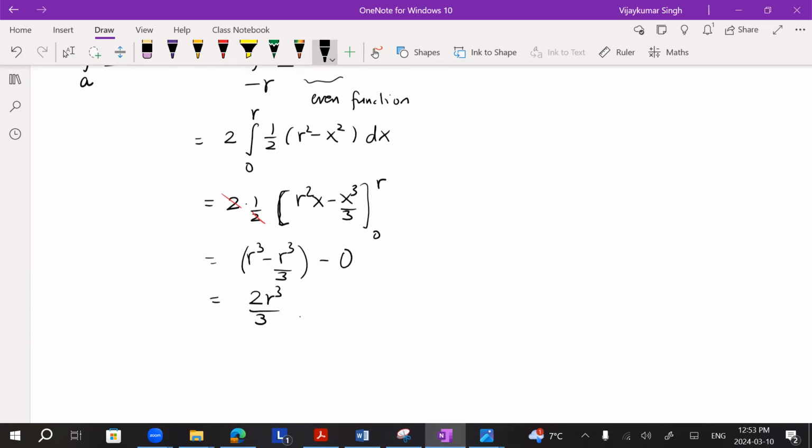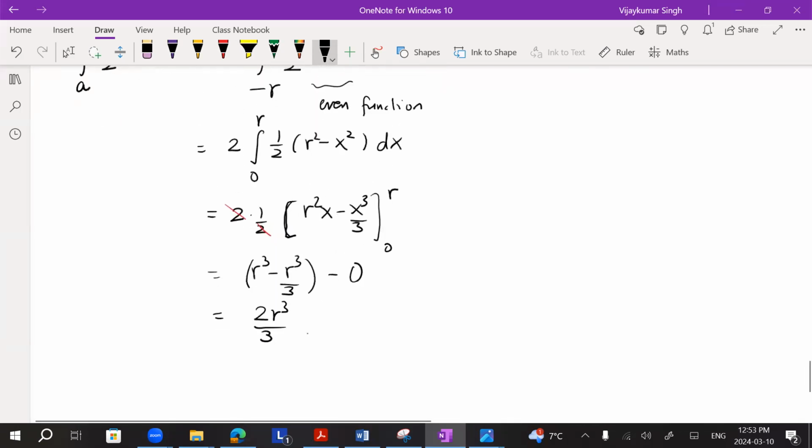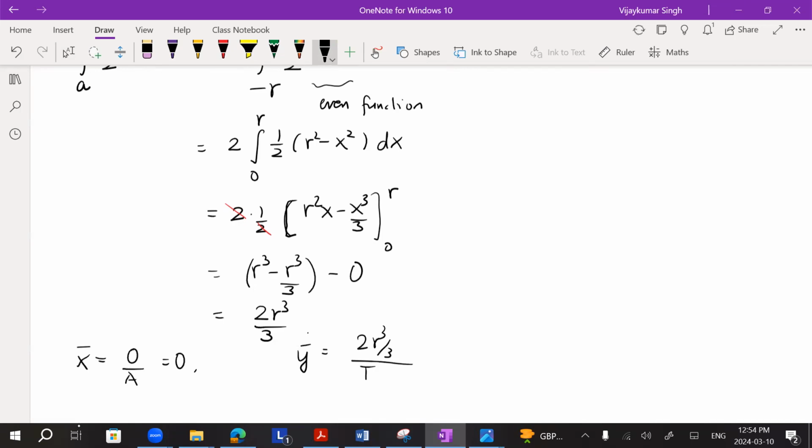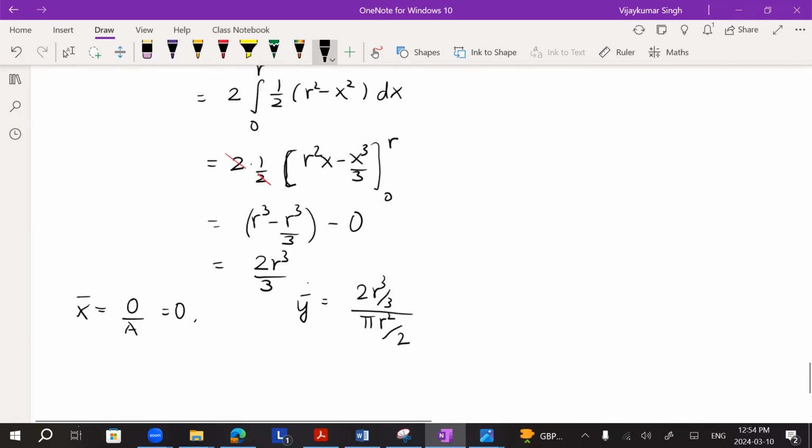Okay. So therefore, let's see what our x bar and y bar are. So x bar is whatever integral we computed divided by A, which is 0. Y bar is this 2r cubed by 3 divided by the area, which was pi r squared by 2, right? Half of the area.